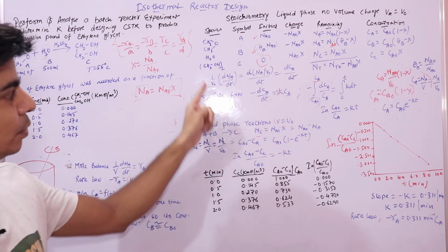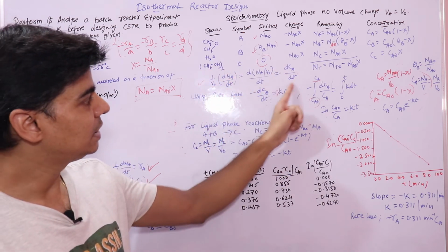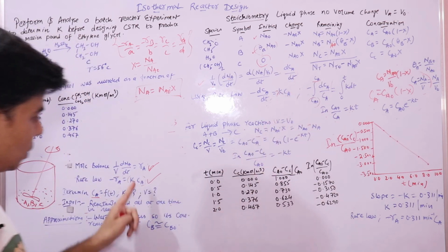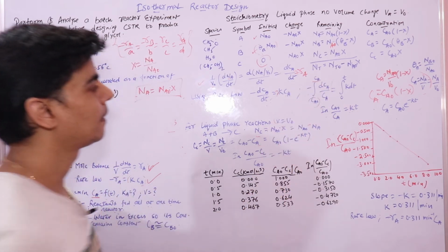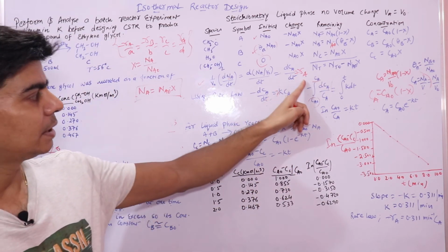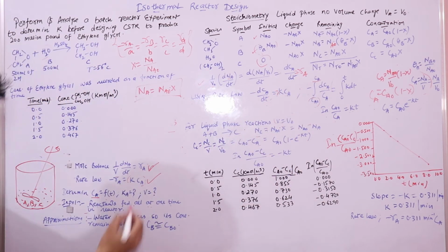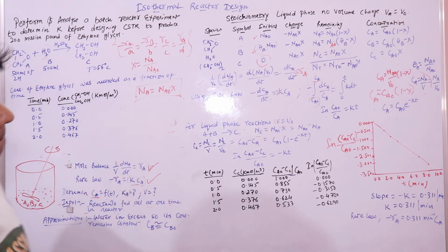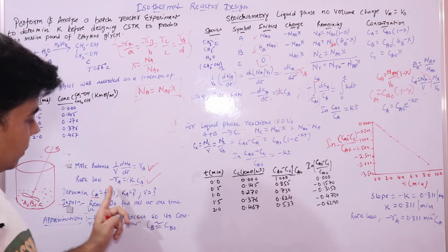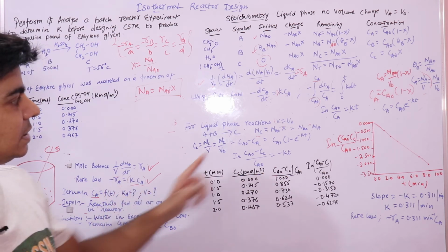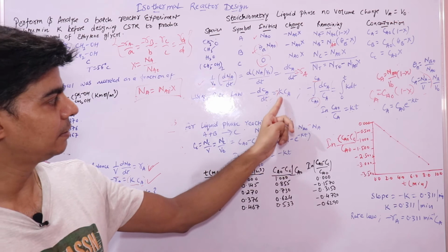So I can write this equation as dCa upon dt, which is equal to Ra. And Ra as per the rate law equation is kCa, so we get a minus sign here.